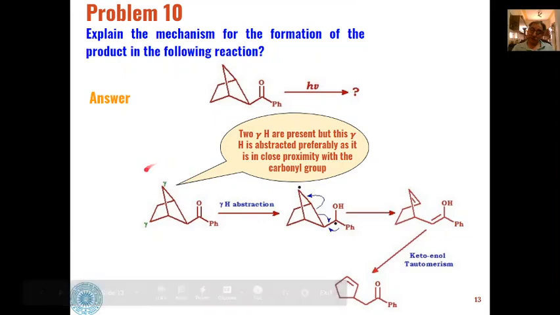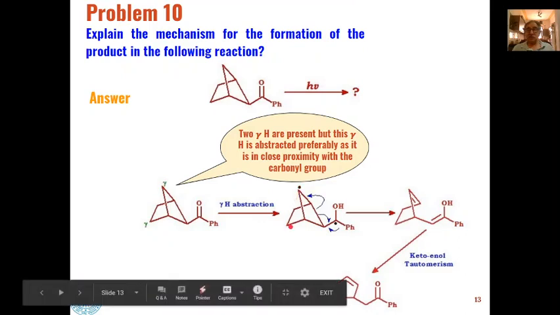But the gamma hydrogen abstraction will preferably take place from this carbon because this is in close proximity with the carbonyl. That is why the orientation of this hydrogen is much more in proximity with the carbonyl. That is why gamma hydrogen will be abstracted from this carbon. That means radical will be formed at this carbon, not at this carbon.